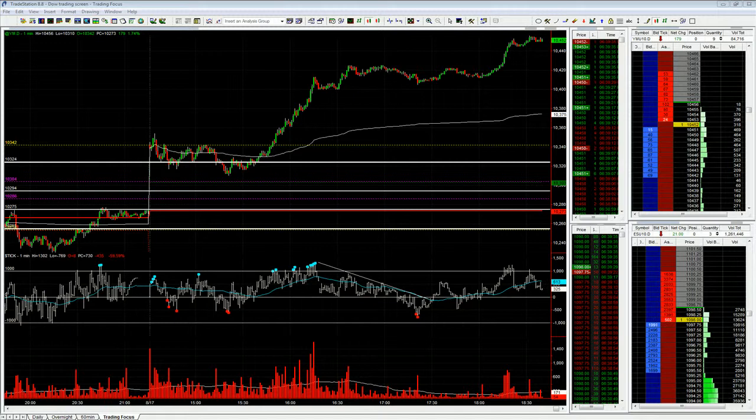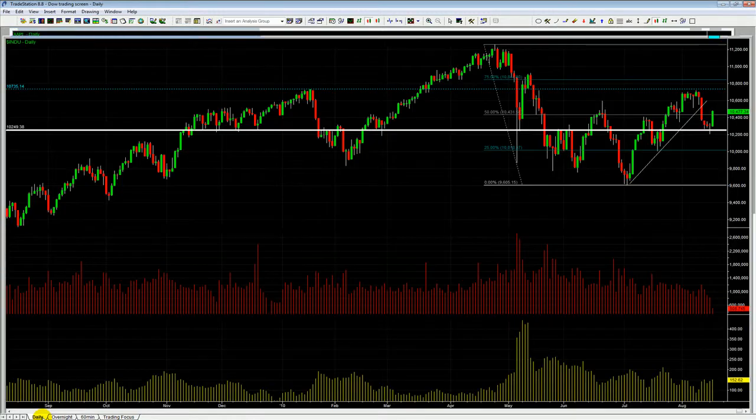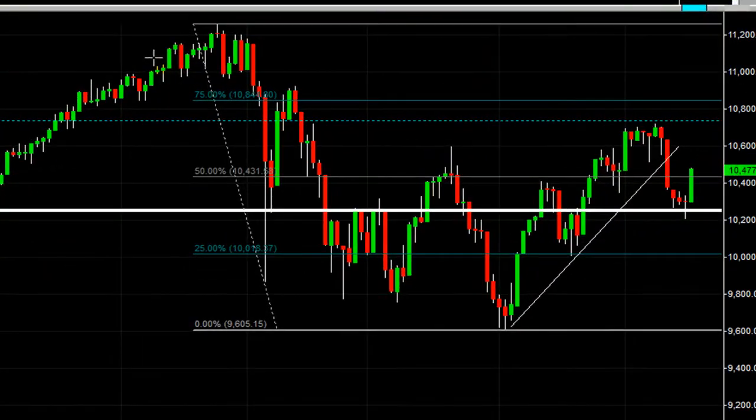Now, other levels I'll draw on are levels of interest from a 10-minute chart and a 5-minute chart. Now, I'm a short-term trader. I do look at the daily chart. I do see where we are, and I've got it on a tab here so I can glance and say, okay, there's the daily chart. Where are we in relation to the recent events?